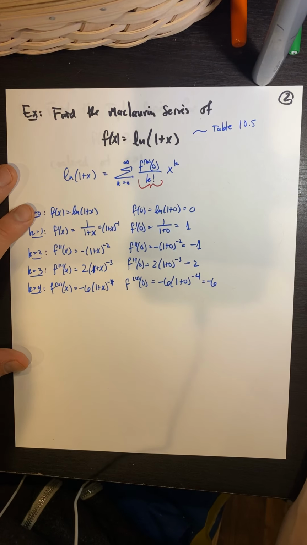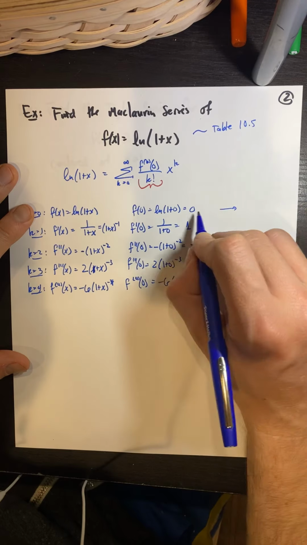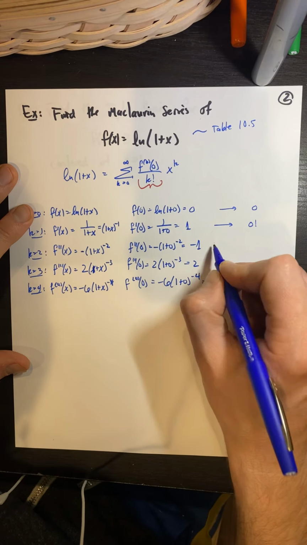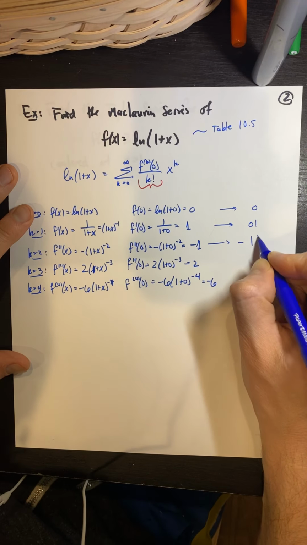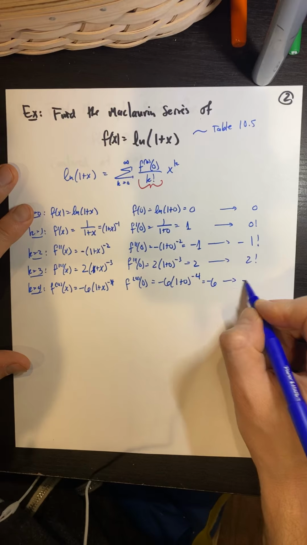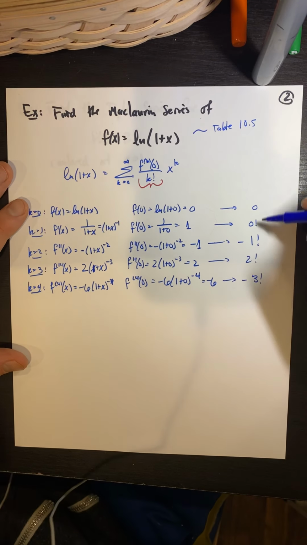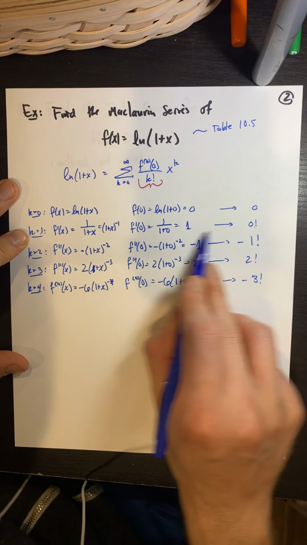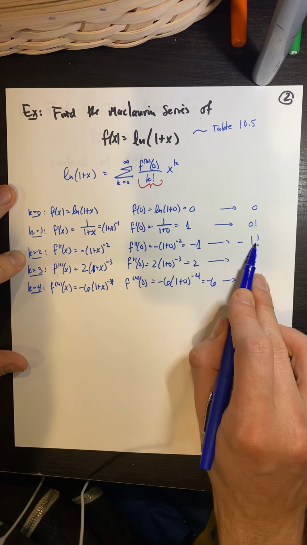Okay, so what I wanted to show you here is that 0 is just 0. 1 is 0 factorial. This is negative 1 factorial. This is positive 2 factorial. And this is negative 3 factorial. So here's the pattern. It seems like when k is 1, I got 0 factorial. When k is 2, I got negative 1 factorial.